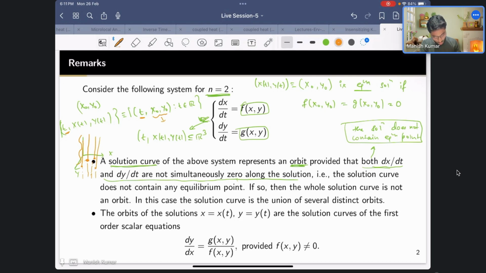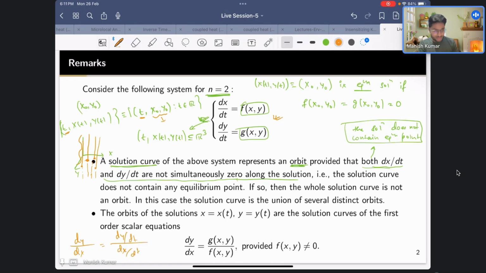For n equal to 2, this is the simplest representation we can have. This is one way of saying what an orbit is. But if you look at these two equations, if you divide, dy by dx can be written as dy by dt upon dx by dt.